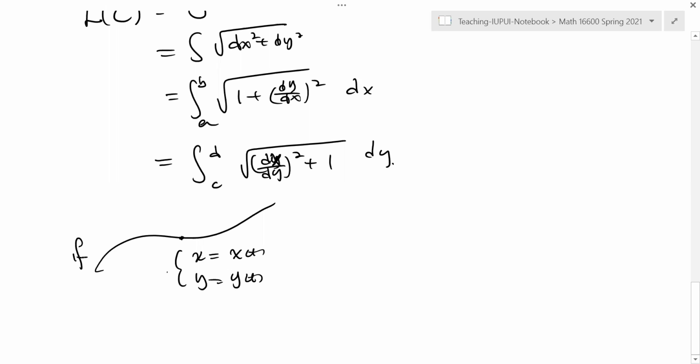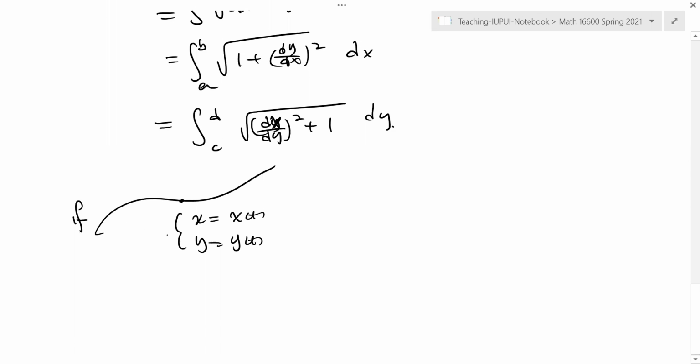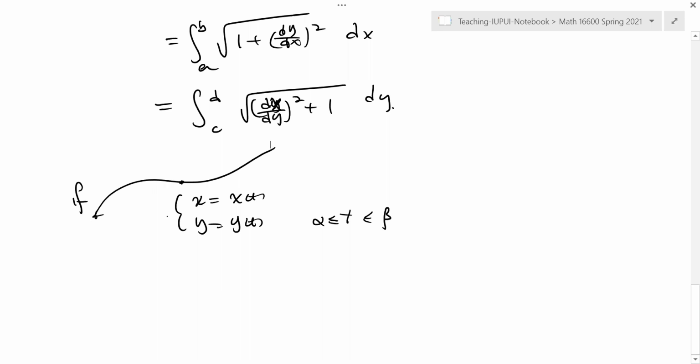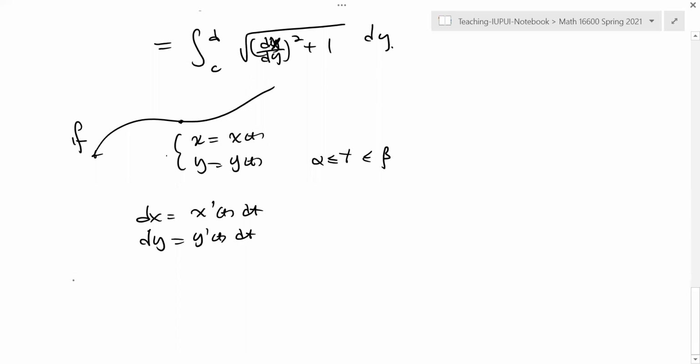And when t changes, with t between alpha and beta, then you get the whole curve. So if that is the case, then dx is going to be x prime of t dt, dy equals y prime of t dt.